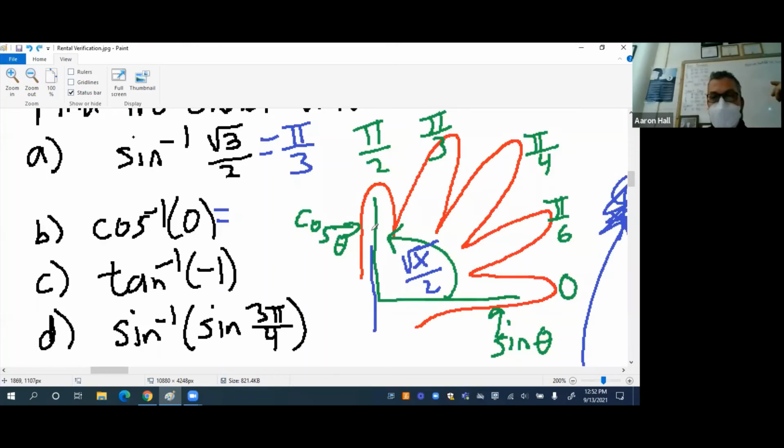We have to put this finger down, so that I have 0 fingers from this side. So this would be the square root of 0 over 2, which is 0. And that finger is what? It's pi over 2. The angle is pi halves.